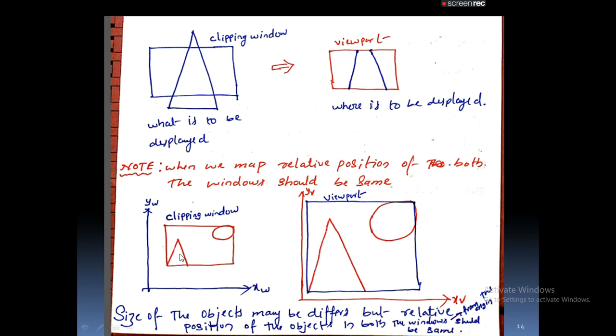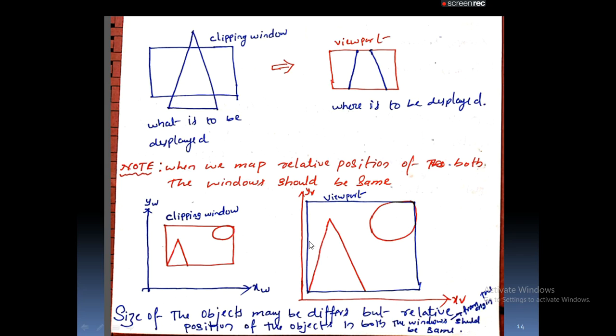So as you can see, where the triangle is in the clipping window, it is drawn in the same place in the viewport, and the same circle in the clipping window is drawn in the same place in the viewport. But the size will definitely vary. Either the size can be increased or it can be decreased.